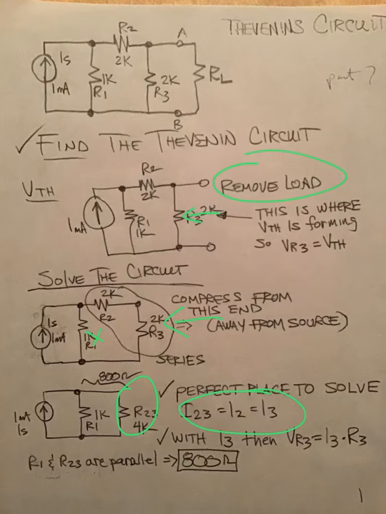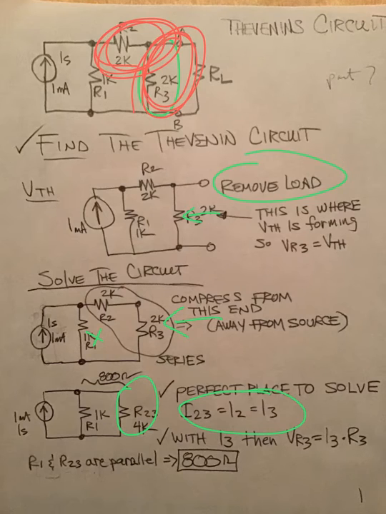The current through those two series resistors is the current that is flowing way up on top here in the red through that R3 and through that R2 resistor up here. If we can find that current and multiply it by 2,000 ohms, the value of R3, we could find V Thevenin.